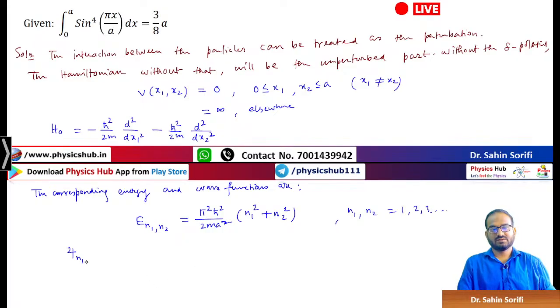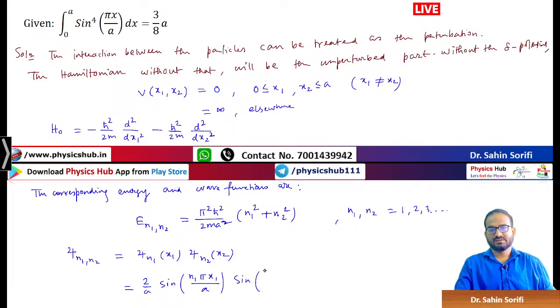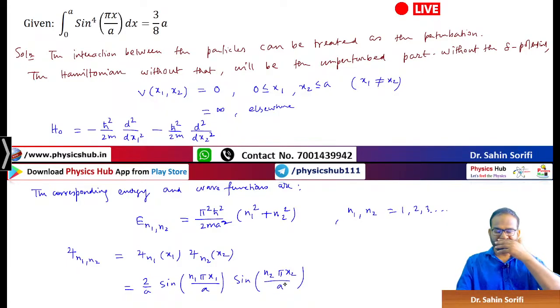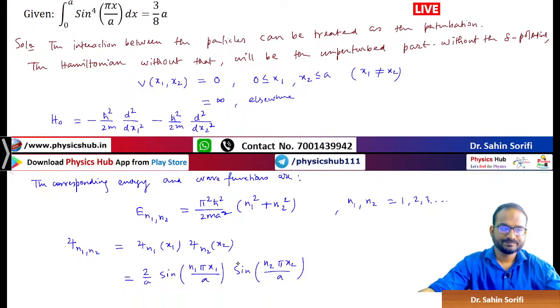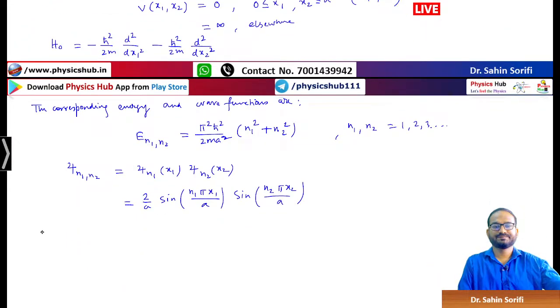The wave function will be the combined wave function ψ_{n1}(x1) ψ_{n2}(x2), so (2/a) sin(n1 π x1/a) sin(n2 π x2/a). For the ground state, you have to calculate the correction to the ground state.